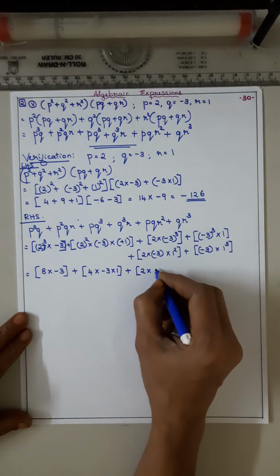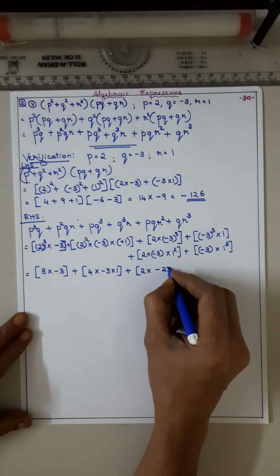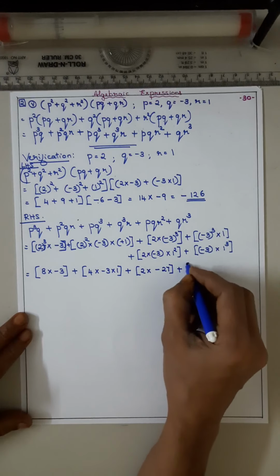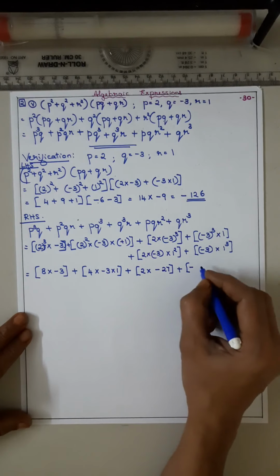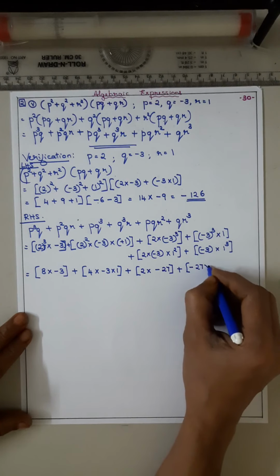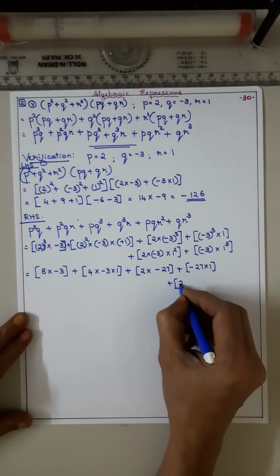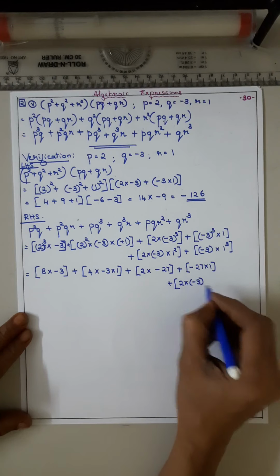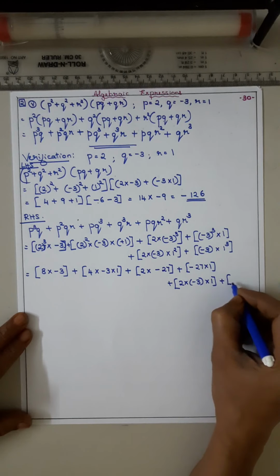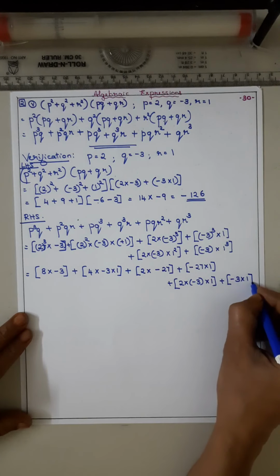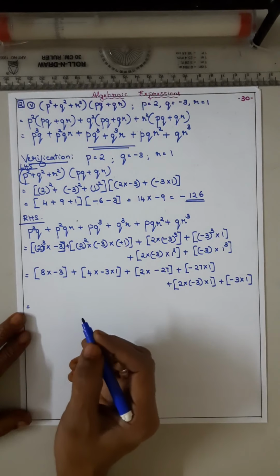Minus cube remains minus. 3 3s are 9, 9 3s are 27, plus again minus cube is minus. 3 cube is 27 into 1. Now plus it is 2 into minus 3 into 1, plus minus 3 into 1. Write down all the cube and square values.